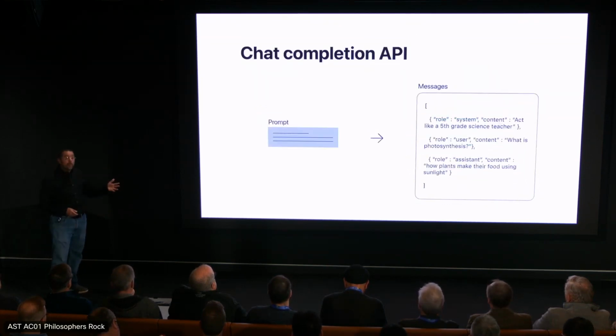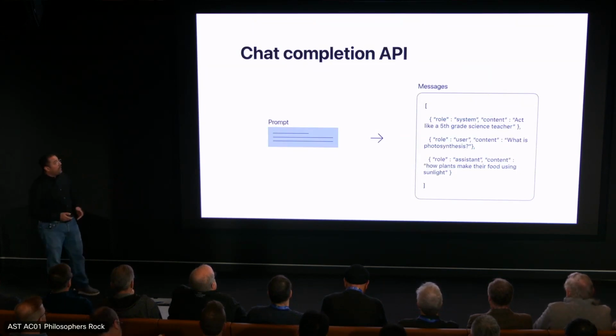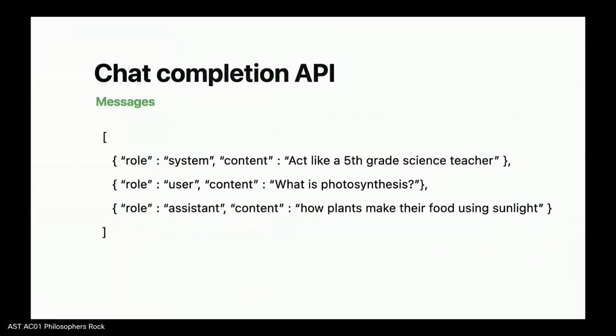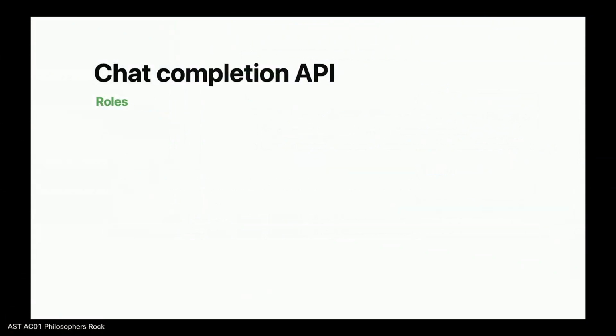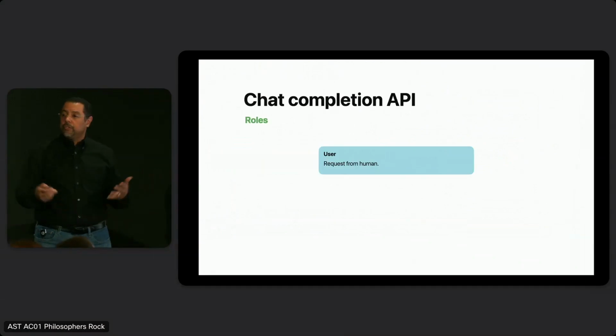Now, when you're sending the prompt to these APIs, most of the time it takes the form of a JSON array that looks something like this. You'll notice that here there's the role, which is who the actor is, and the content refers to what the message is. You notice that there are a few roles in that chat. Who are the actors? The user is most of the time the human.